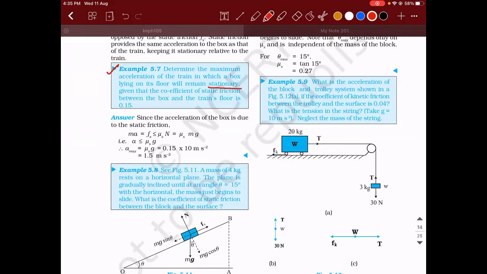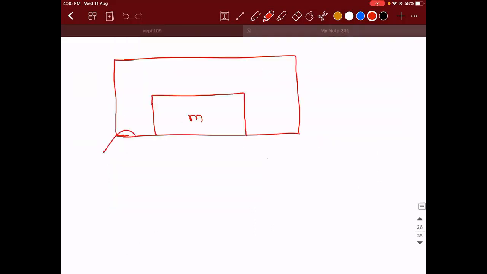Given that the coefficient of static friction between the box and the train's floor is 0.15. So the train's floor is rough and it can offer a static friction of 0.15 Newton. Sorry, 0.15. Mu is a dimensionless quantity. I'm sorry. So coefficient of friction doesn't have any units or dimension.